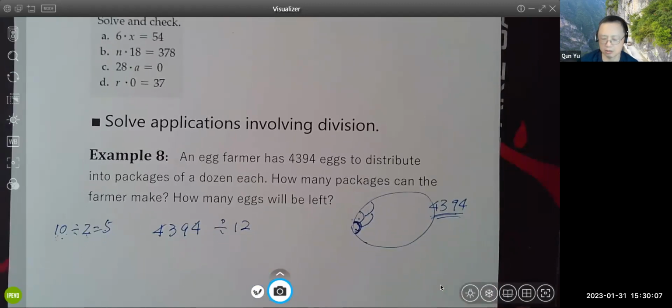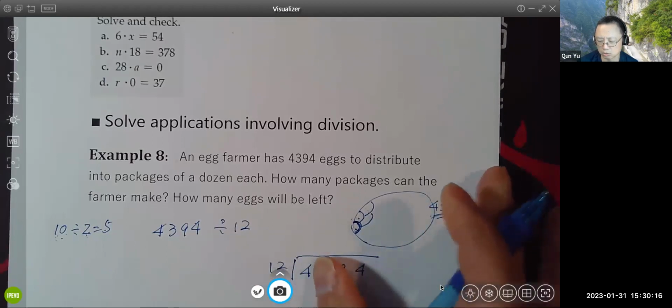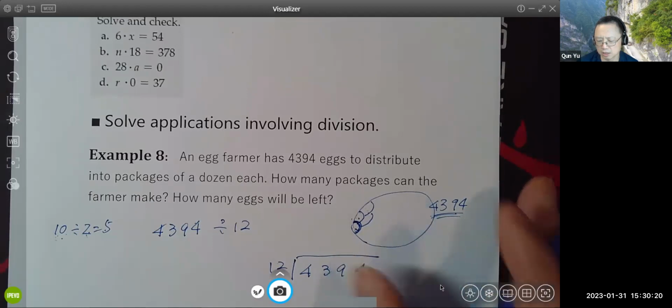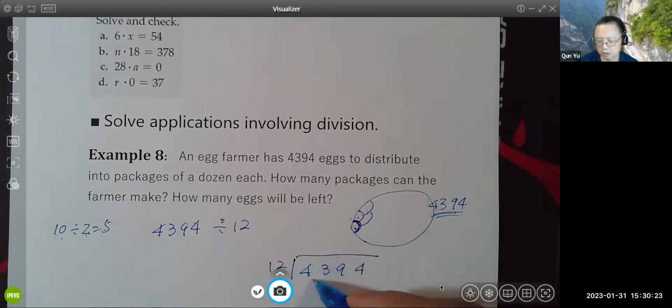We just need to do the calculation. Let's do the long division. 4,394 divided by 12. There's no 12 in 4. So move one digit to the right. And there are 3 12s in 43. 4 will make it 48, which is too big. So that's 3. 3 times 12, 36. Remainder is 7. 79. If we use a 5, it's going to be 60.